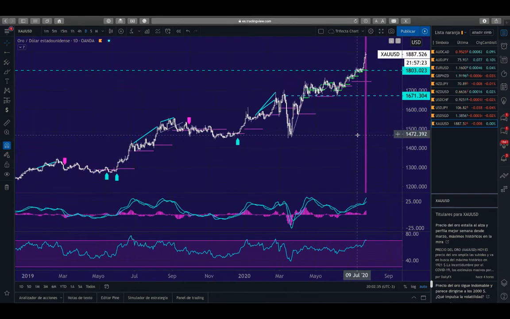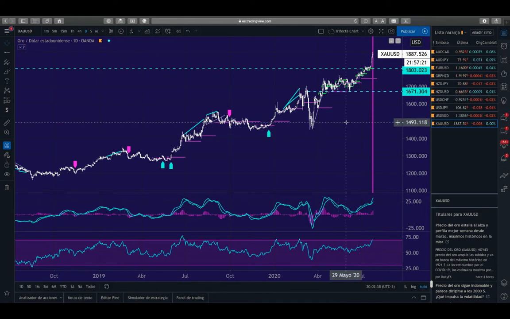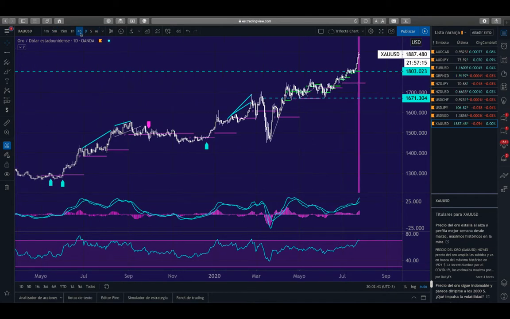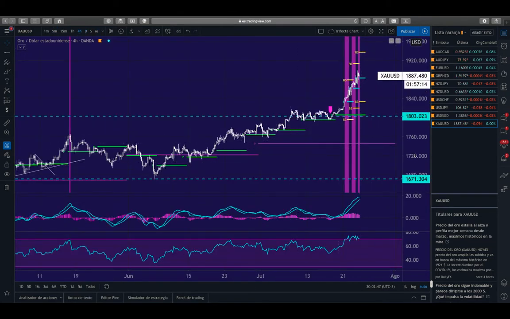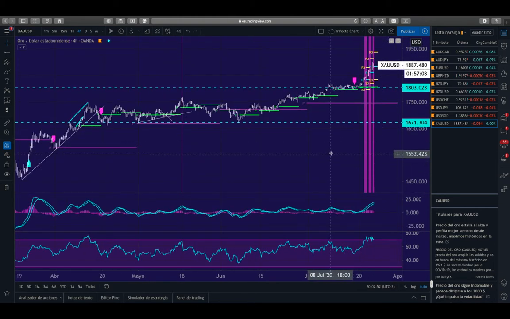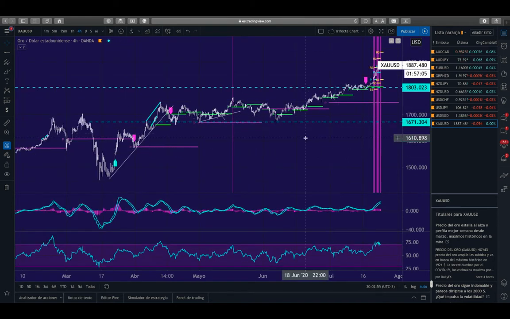Several months ago we talked about this break that we could expect, and we said that if we break the 1,700 level, around here, easily, we could get to the 1800s, or I think in English you say 1800.